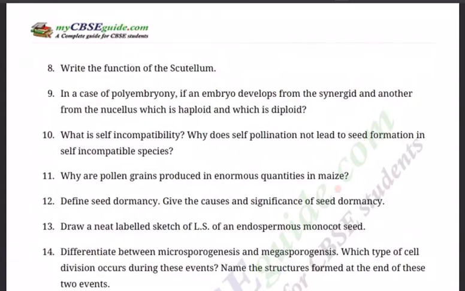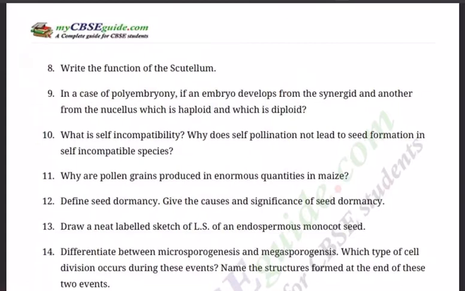Remember, recollect the diagram, vertical section of the seed. Then question number 9: in case of polyembryony, many embryos, if an embryo develops from the synergid and another from the nucellus, which is haploid and which is diploid?